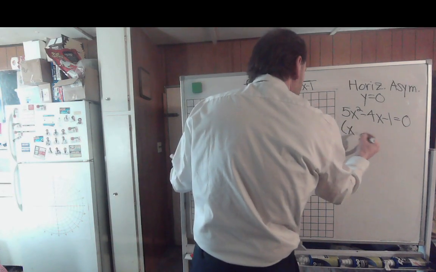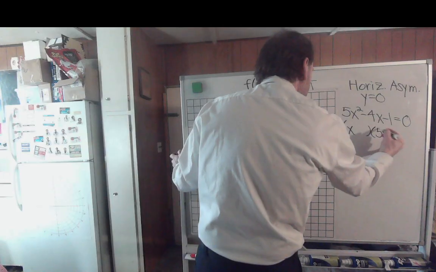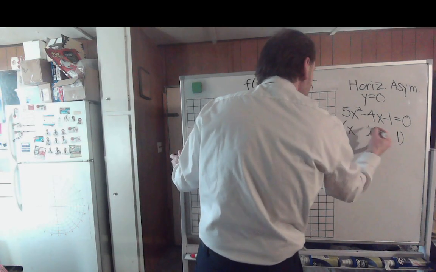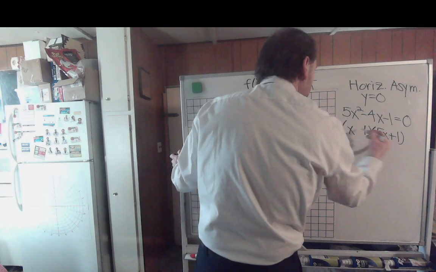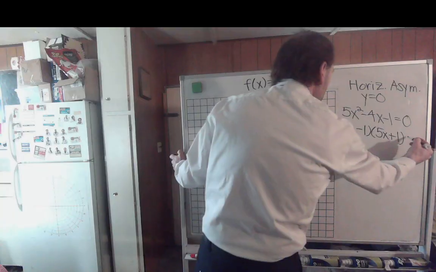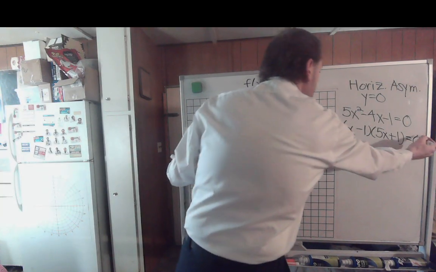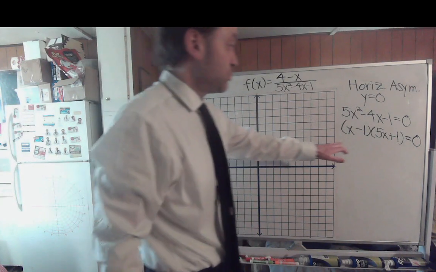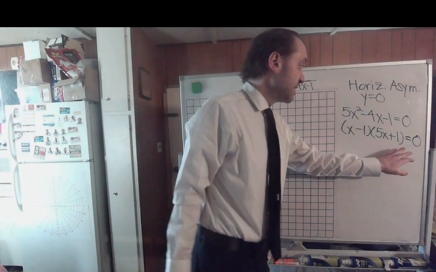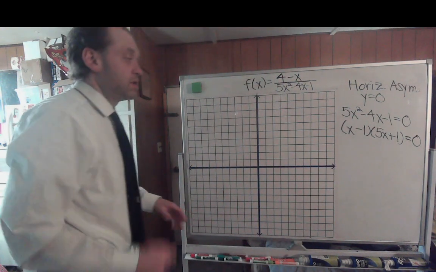This should factor: 5x squared plus x minus 4x minus 1. Good. Okay. So we have this factored into x minus 1, that quantity, times 5x plus 1 equals 0.